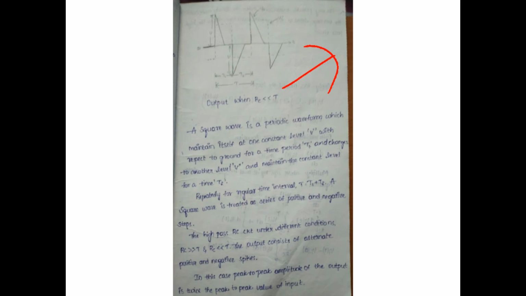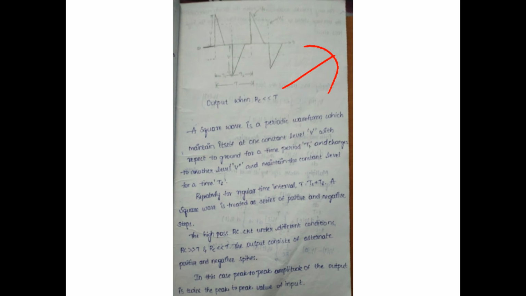That means the voltages V' and V'' will maintain constant levels. It does not change any of its values. By applying these timing conditions, the capacitor charges and will produce different timing responses. This is the operation of the square wave input.